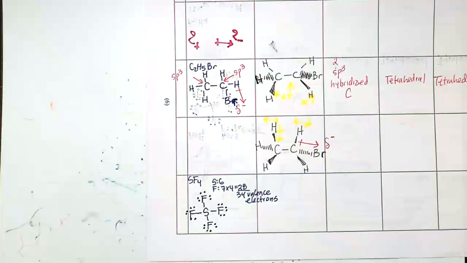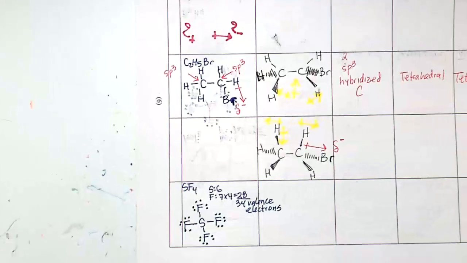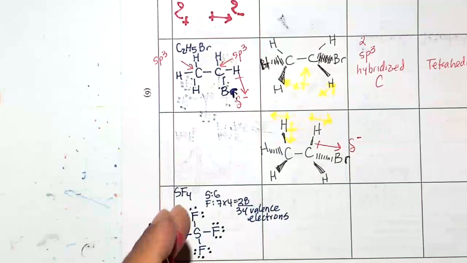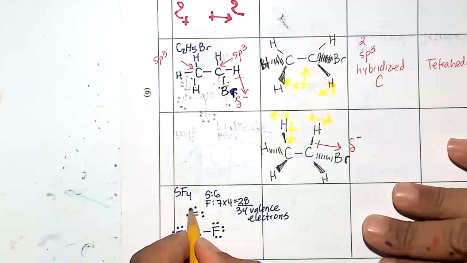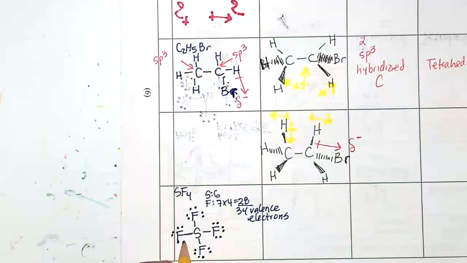Okay, let's count our electrons here. We need 34. Just want to make sure we got our 34 counted for. All right, you can count with me. 1, 2, 3, 4, 5, 6, 7, 8, 9, 10, 11, 12, 13, 14, 15, 16, 17, 18, 19, 20, 21, 22, 23, 24, 25, 26, 27, 28, 29, 30, 31, 32.